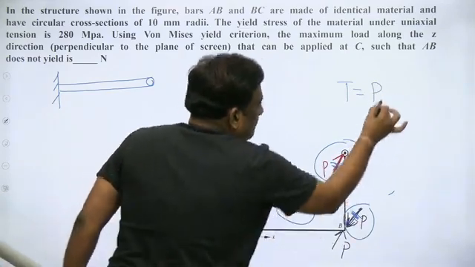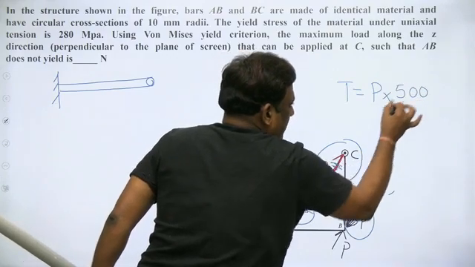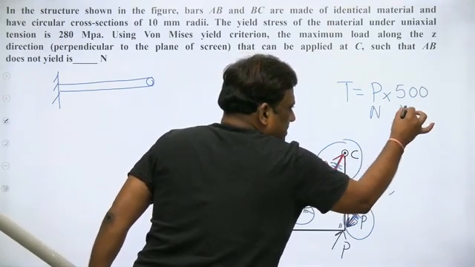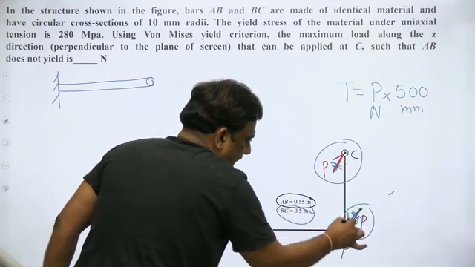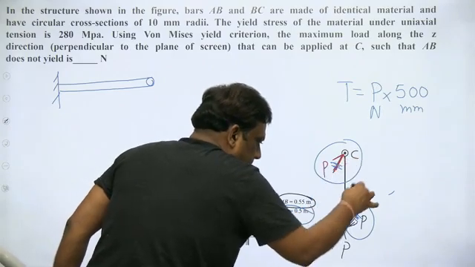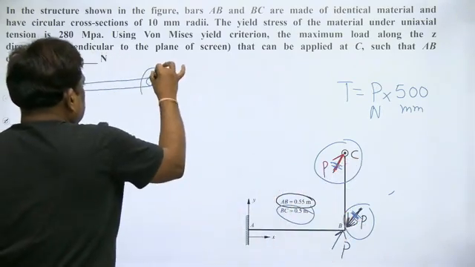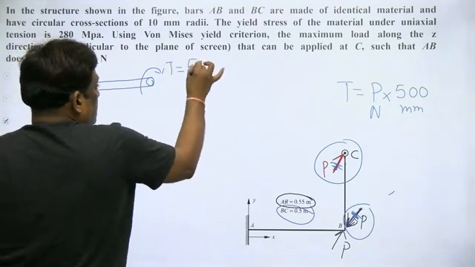What is BC? 0.5 meter, which I take as 500 mm. Let this be in Newton, this is in mm. So P into 500 mm is the torque. Because of this torque, there will be torsional shear stresses.